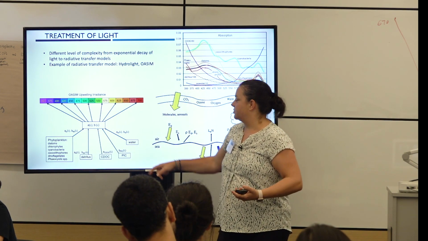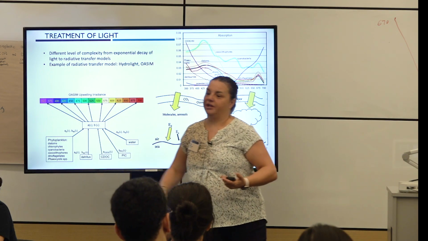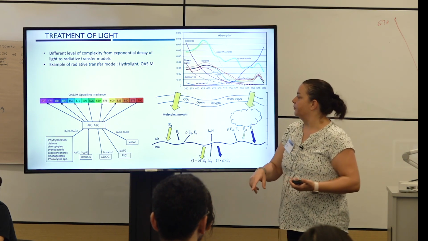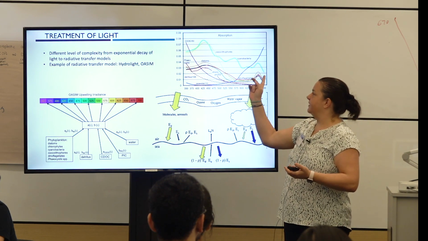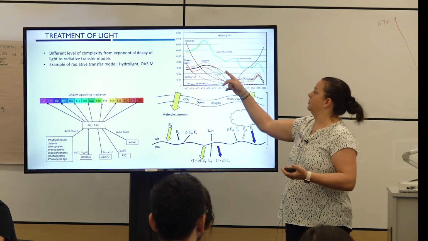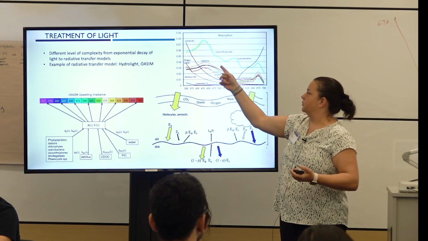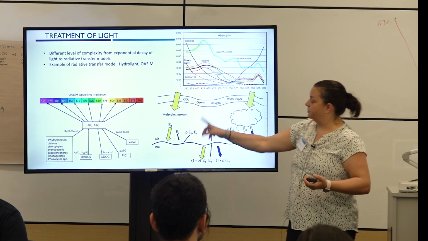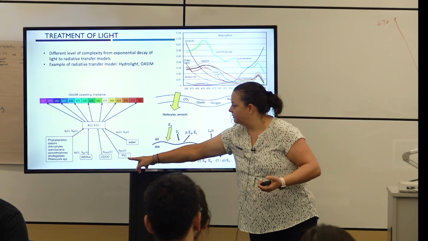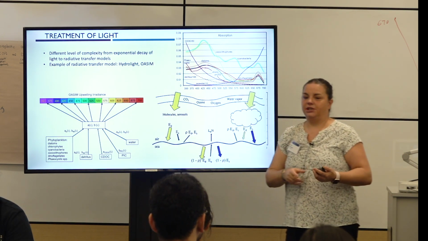You get the concentration from your ocean biogeochemical model, and then you have to tell it what it absorbs and how it scatters. And the way we do it is by taking data from the literature. So this is the absorption that we got from the various phytoplankton groups that we have in this specific model. And the radiative transfer model takes those data, combines it with the concentration, and produces those upwelling irradiances.